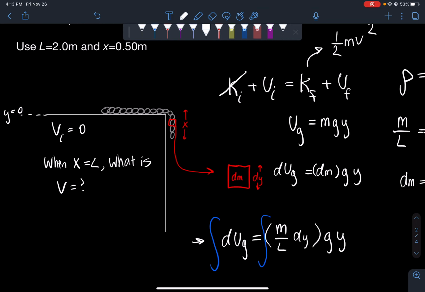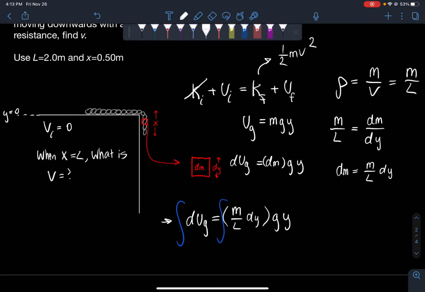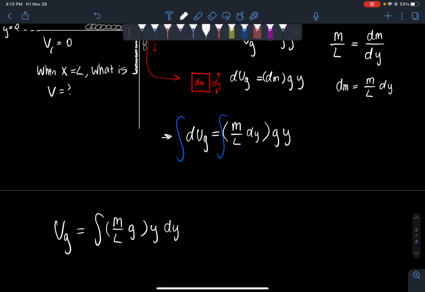So when we integrate, let me just redraw the chain like this. This is going to be at the instant when the chain is down. So we want to integrate from this point to this point. Well, this point up here is just 0 because we called that y equals 0. So 0 is going to be our upper limit.